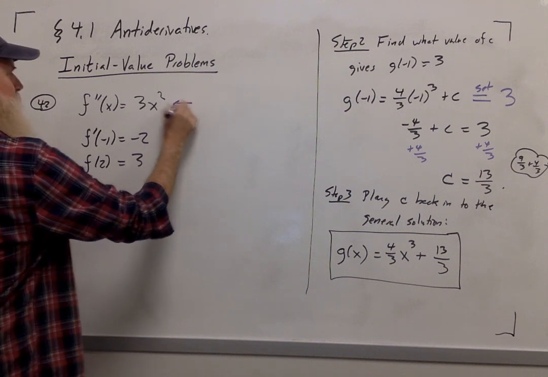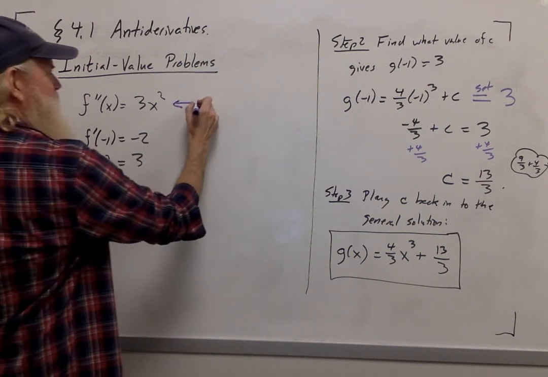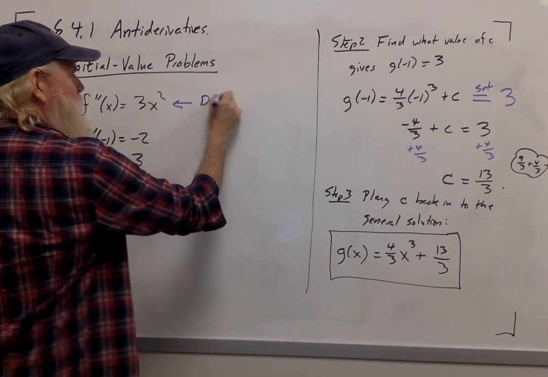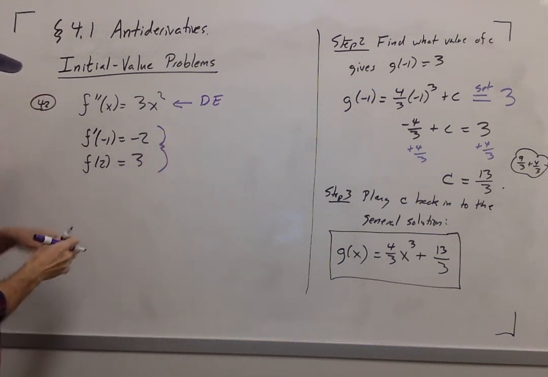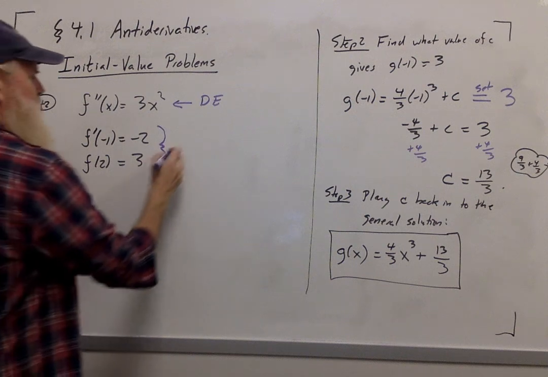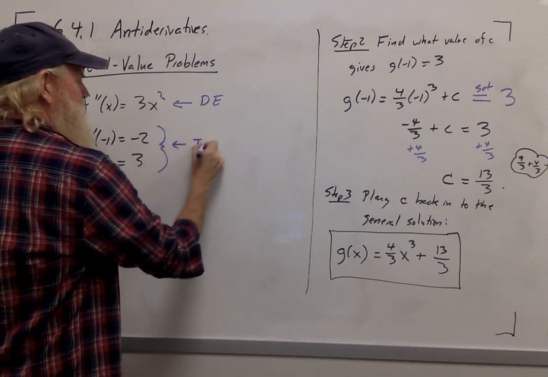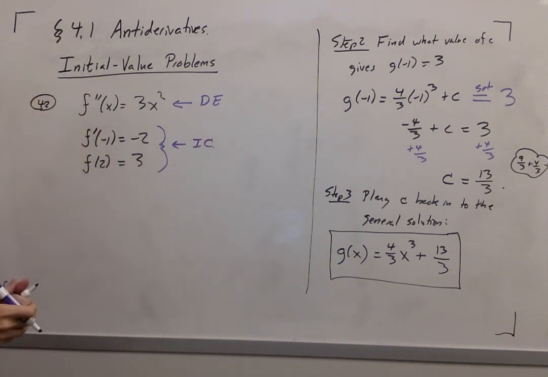So this first expression is our differential equation. I'll write dE for that. And both of these specific values for f and for f prime are initial conditions. So I'll think about this as being IC for initial conditions.